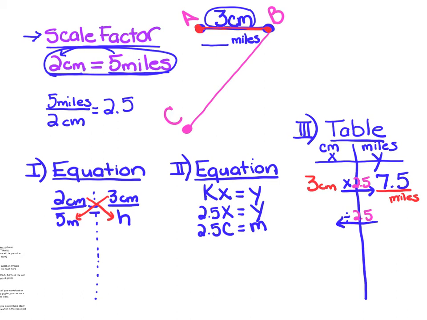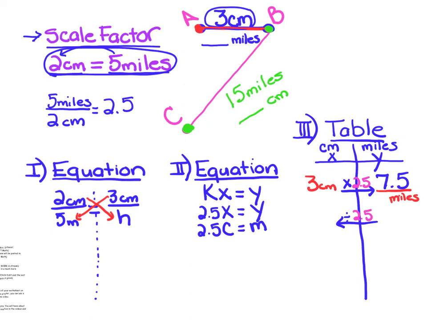Now let's go backwards. Let's say we know from point B to point C it is 15 miles in the real world. So how long in centimeters is that line segment on paper?